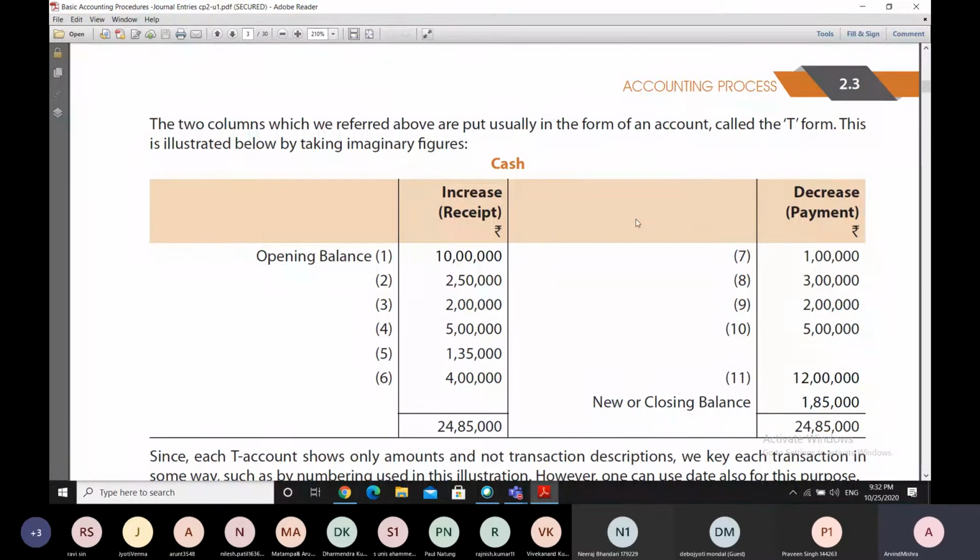And after adding all that is there on the left hand column, which comes to 24,85,000, we have reduced what is there on the right hand side column, and then finally we found the net balance of 1,85,000 rupees.